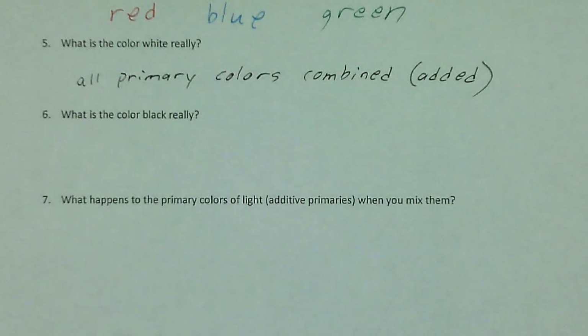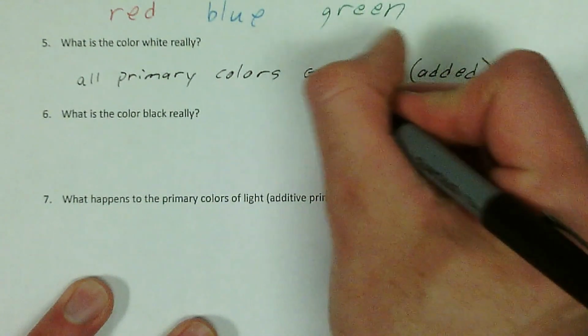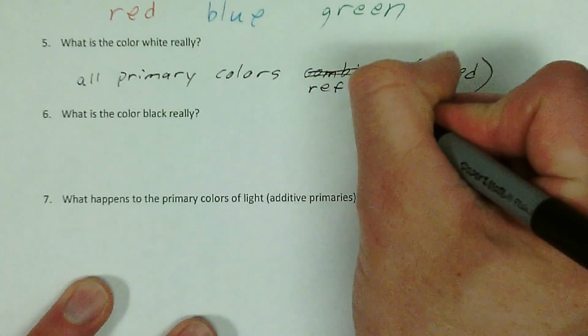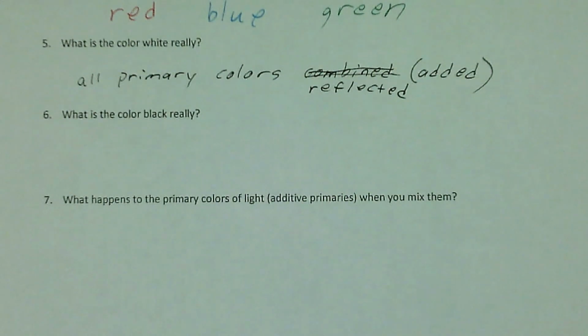Okay? So what is black then? We said black was when you absorb the primary colors. Instead of combined, let's say reflected. Reflected is probably a more accurate depiction.